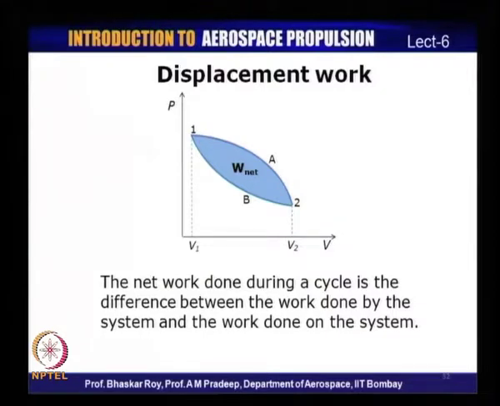And the net work during a cycle is basically the difference between the work done by the system and the work done on the system. That is, if you were to consider this as a cycle, the process starts at, let us say, state 1 and takes path A and reaches state 2 and then takes path B to come back to state 1 again.